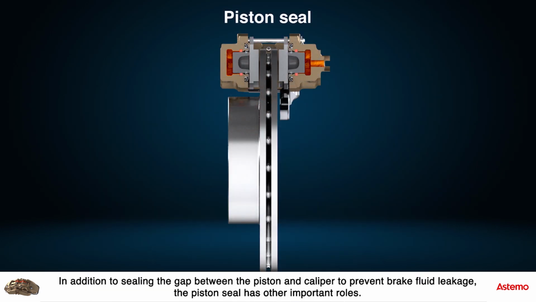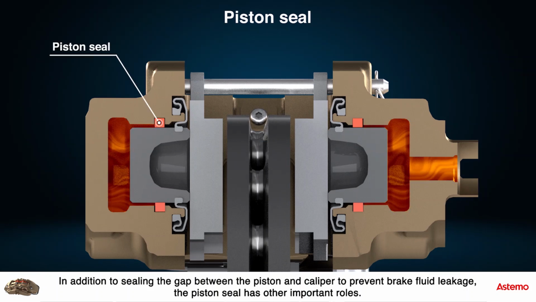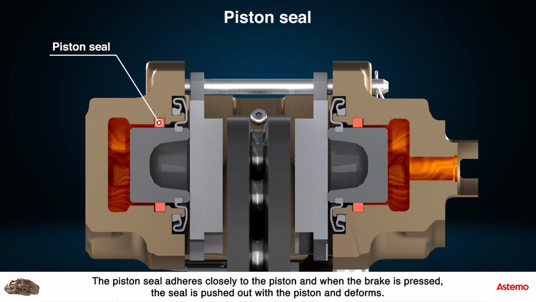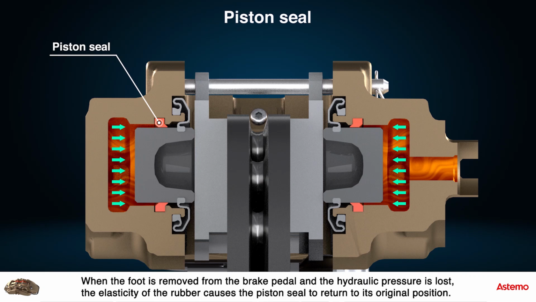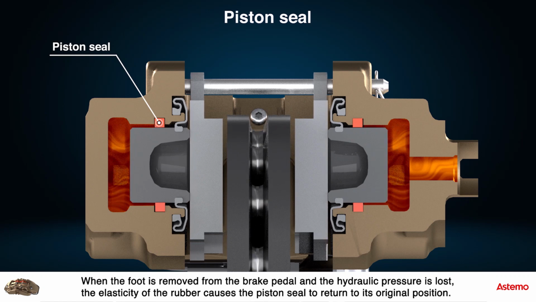In addition to sealing the gap between the piston and caliper to prevent brake fluid leakage, the piston seal has other important roles. The piston seal adheres closely to the piston, and when the brake is pressed, the seal is pushed out with the piston and deforms. When the foot is removed from the brake pedal and the hydraulic pressure is lost, the elasticity of the rubber causes the piston seal to return to its original position.